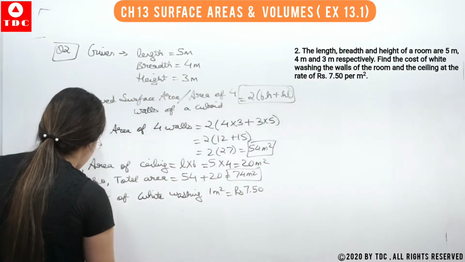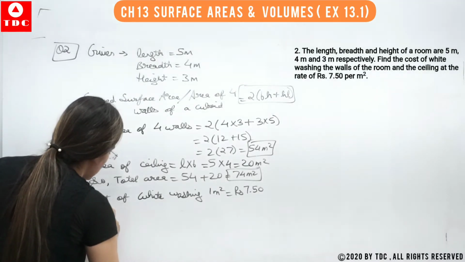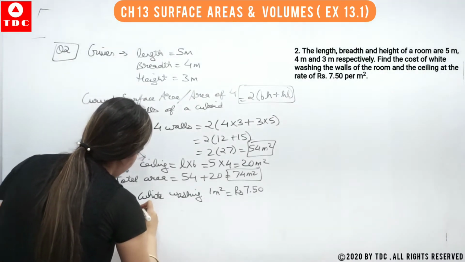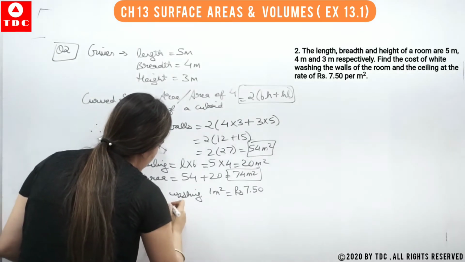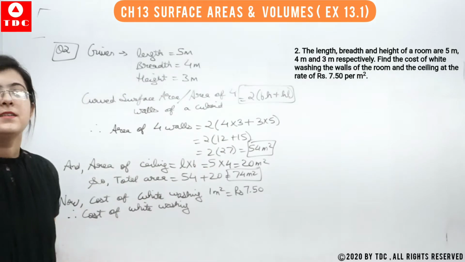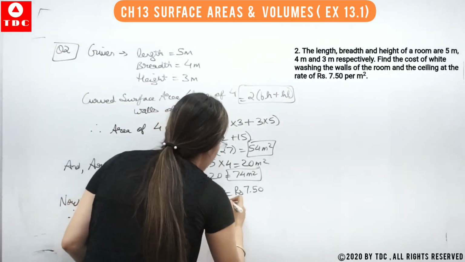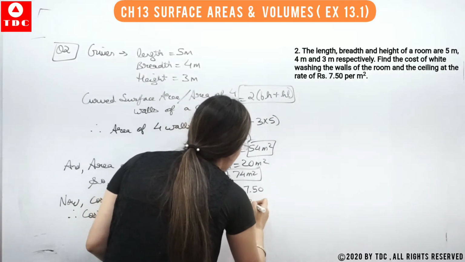Therefore, cost of whitewashing 74 meter square would be 74 into 7.50.